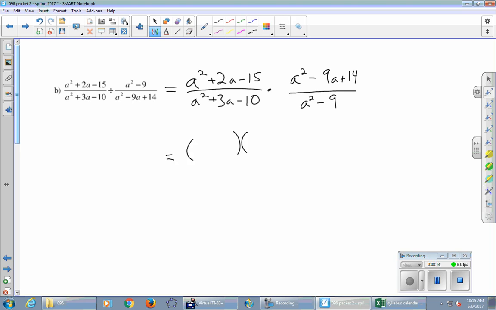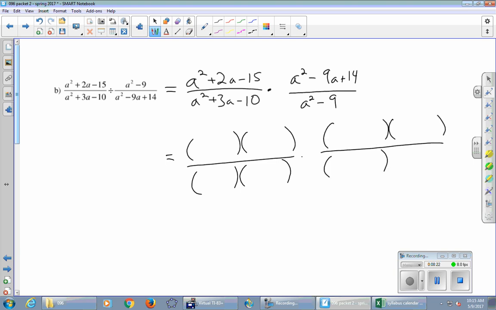Let's go ahead and get some shells in these fractions. I'm going to jump to the bottom right one first, hoping we recognize this pattern.